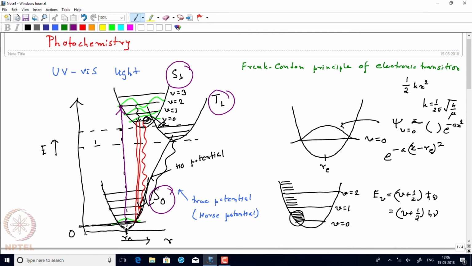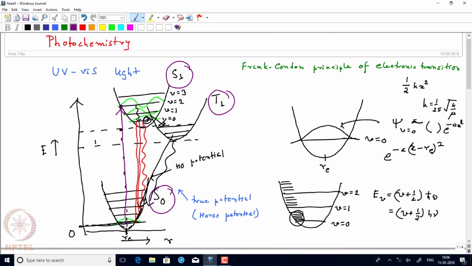Now it can radiatively or non-radiatively return to the ground singlet state. The radiative emission will give you a structure in the fluorescence spectrum, in the same way as we had for the absorption. It can also go to the triplet state via a non-radiative process known as intersystem crossing, which arises as a result of spin-orbit coupling. From there the molecule can also emit back to the ground electronic state.